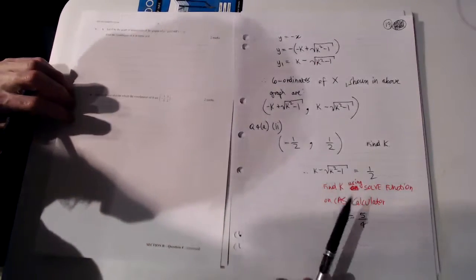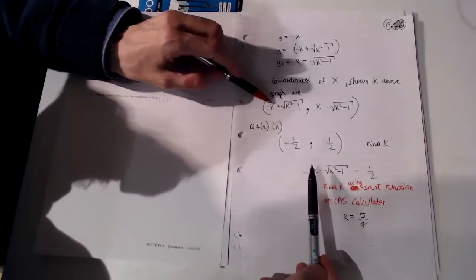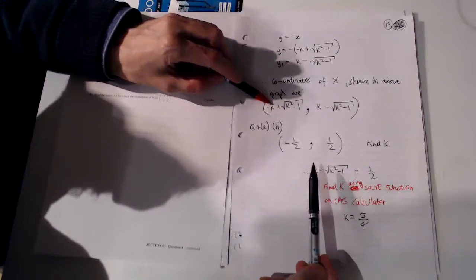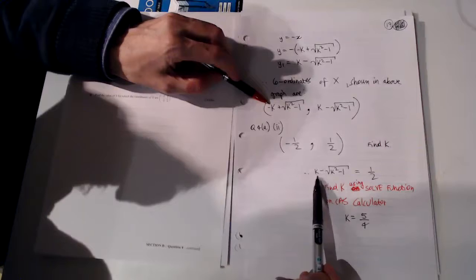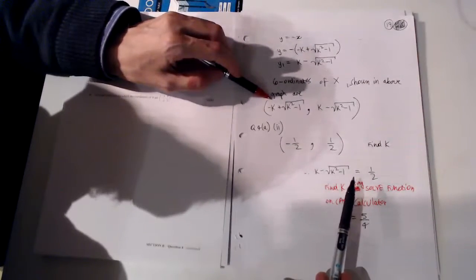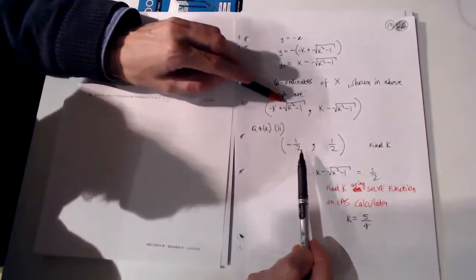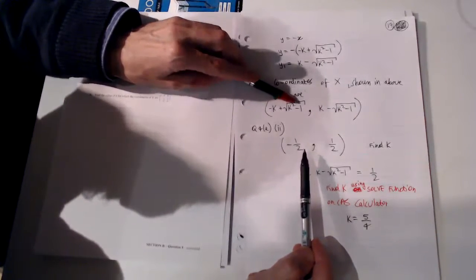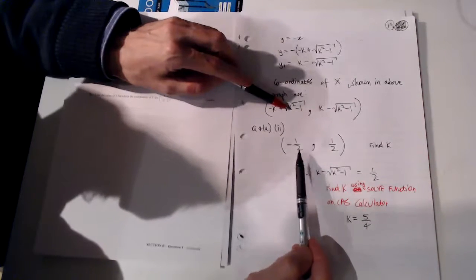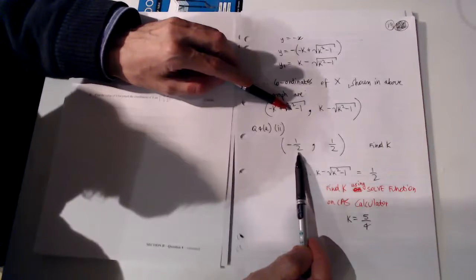Well, all you have to do is put the x coordinate of the intersection point, negative k plus square root of k squared minus 1, equal to negative a half and use the solve function on the calculator to find k.